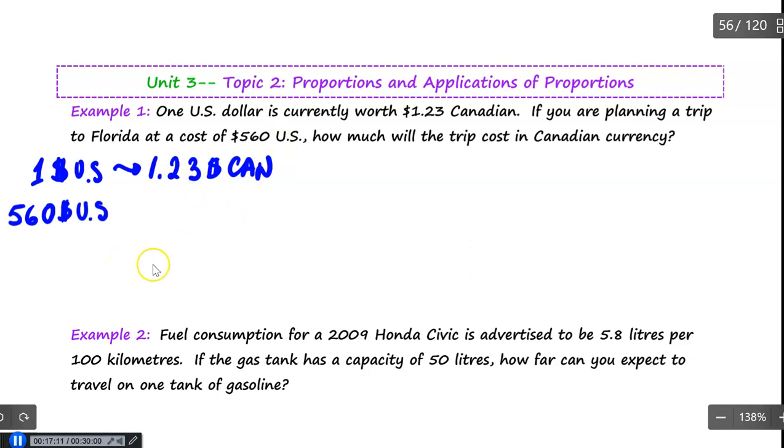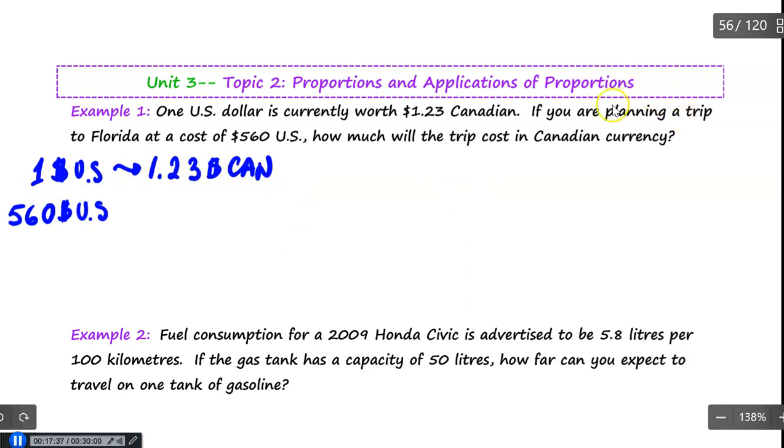Okay, so let's get back to this. I've been showing everyone a trick, so I better continue here and repeat myself. 1 US dollar is currently worth 1.23 Canadian dollars. So what you do is translate this sentence into mathematics by writing $1 US equivalent to this much in Canadian dollars.